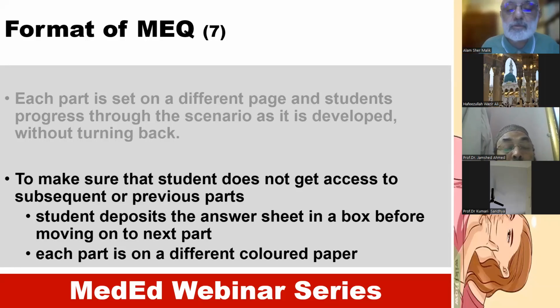To make sure the student does not get access to the subsequent or previous part, the student deposits the answer sheet in a box before moving on to the next part, and each part is on a different colored paper, as I mentioned earlier. That makes it easy for invigilators to spot if a student has more than one part on their table.